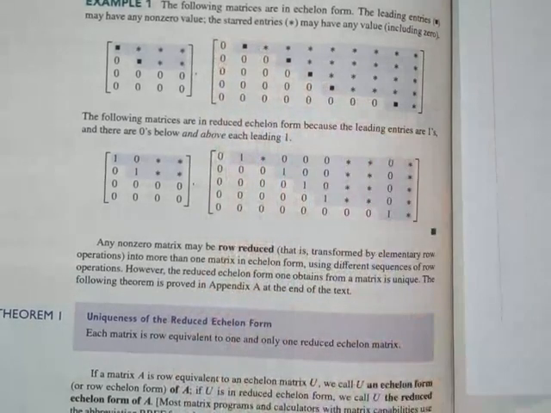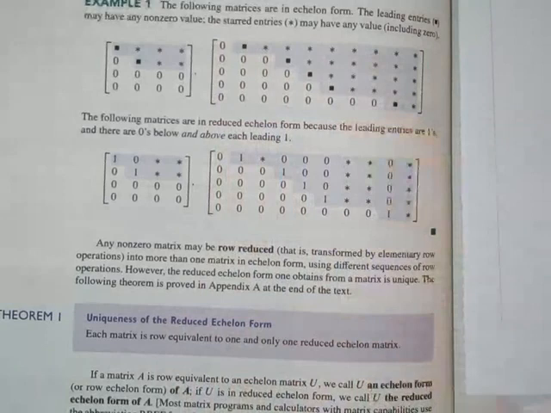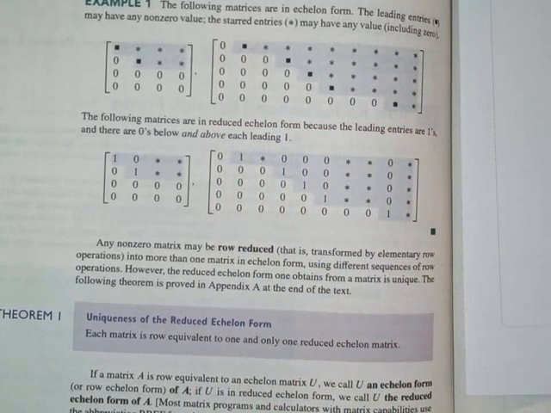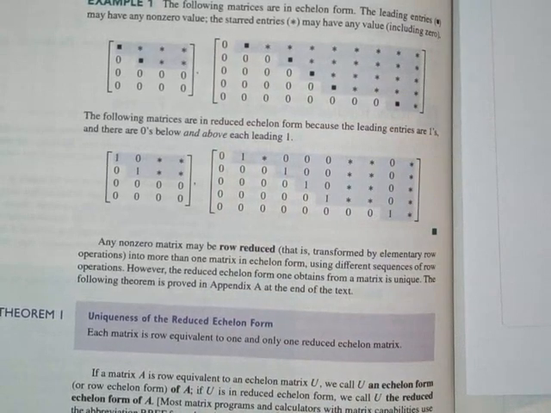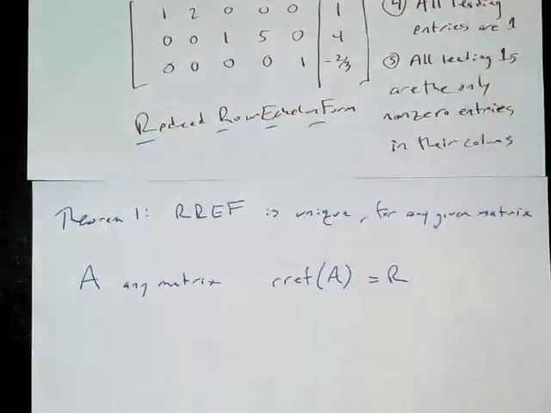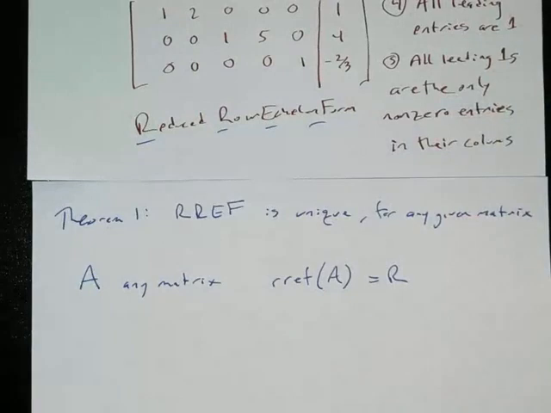I don't know where they're going to be, but whether I'm in echelon form or reduced echelon form, they're in the same places. So it's actually not the numbers that matter as much as their positions. I'm going to give these some names. I'm going to call the leading entries in any given row the pivots.